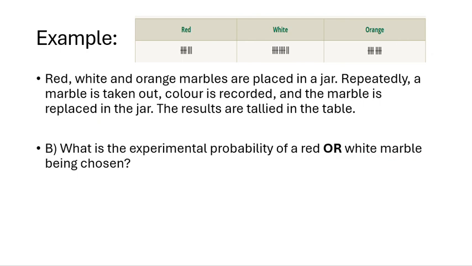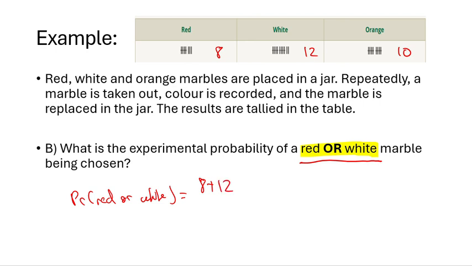Part B. What is the experimental probability of a red or white? Okay, red or white. Let's just remember these were the numbers that I had. So the chances of me drawing a red or white, what I'm going to do is add these two numbers together and put it over the total amount of trials that we've done so far.